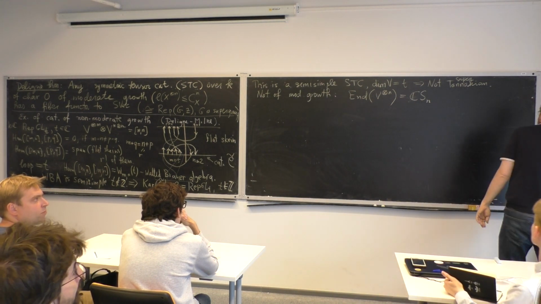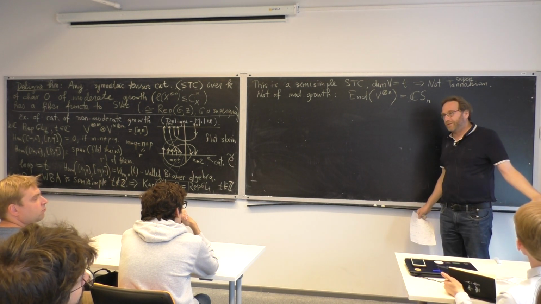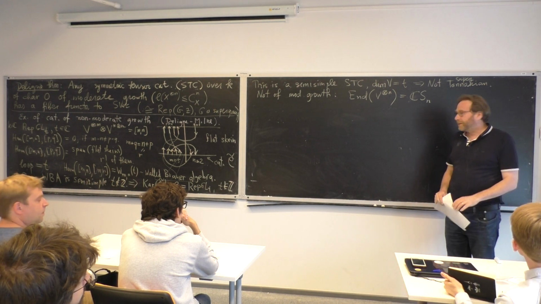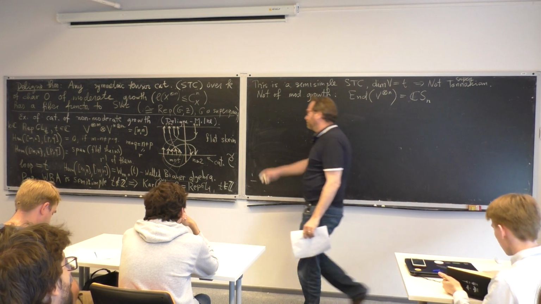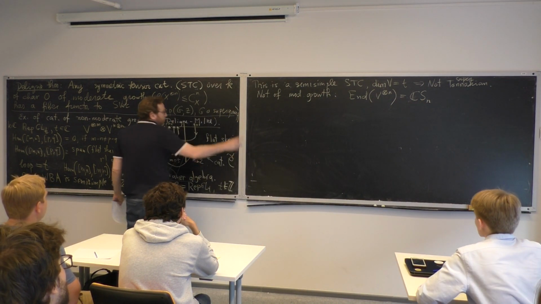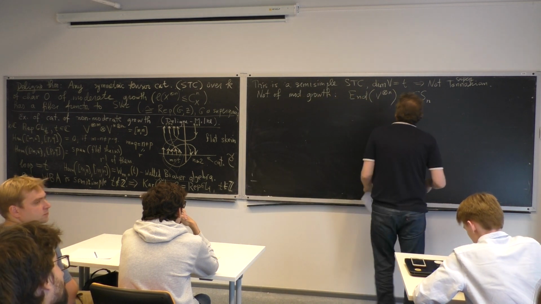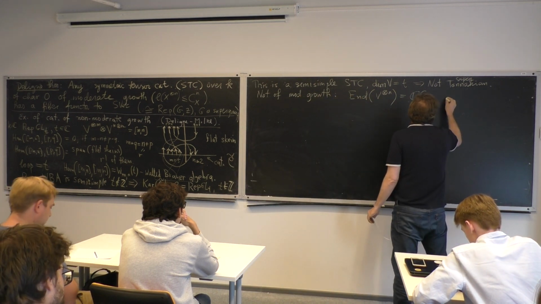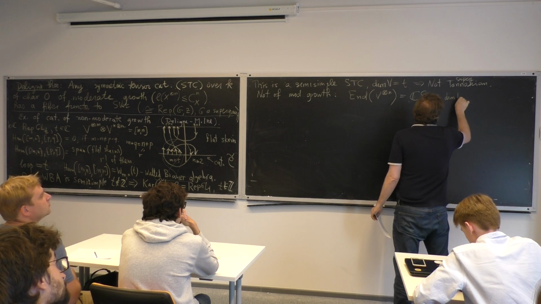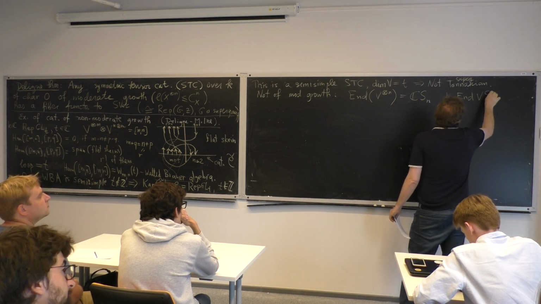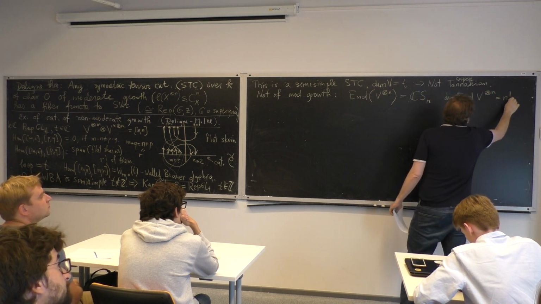What you get is a quotient of the group algebra of S_n, which is called the Schur algebra. But in this case, because of these skeins, we will have on the nose the group algebra of S_n. And so this means the dimension of endomorphisms of V to the n equals n factorial.